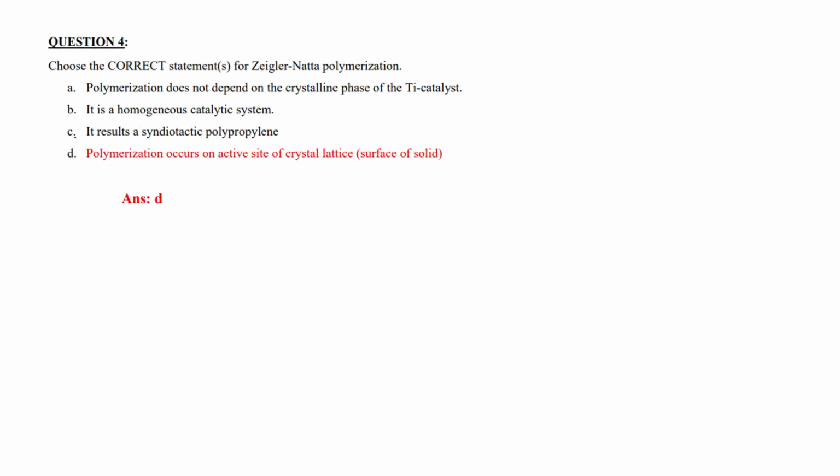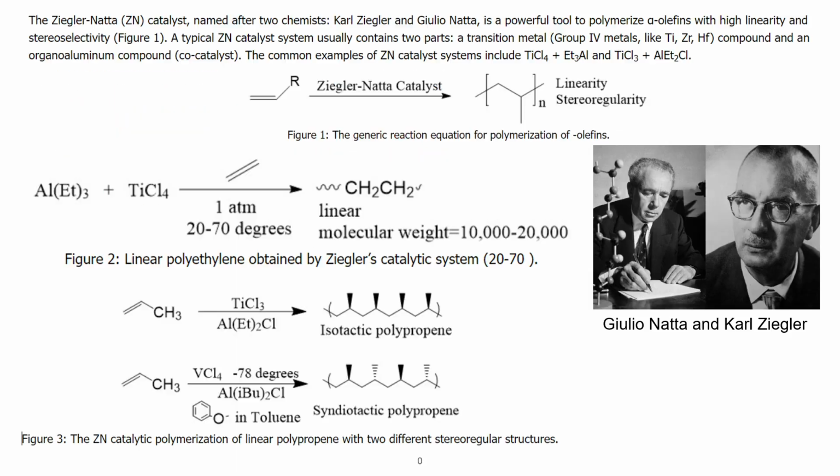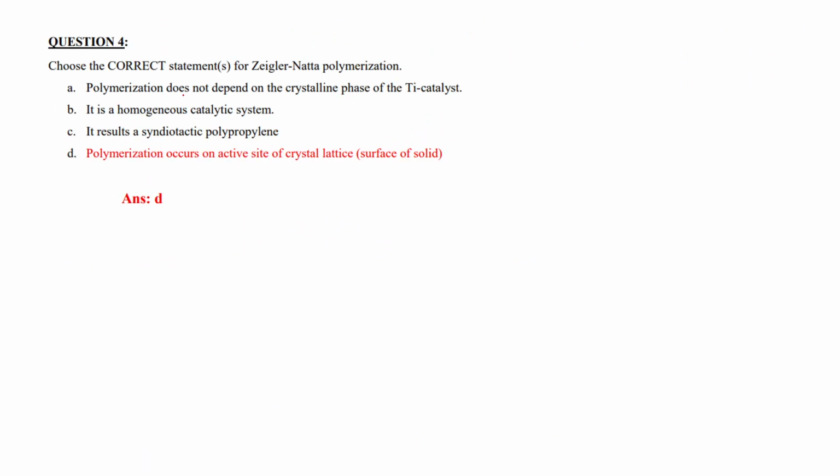So for Ziegler-Natta, how is it happening? This is one of the examples of that chain end control catalysis. So from here we will discuss that. Now just write this.